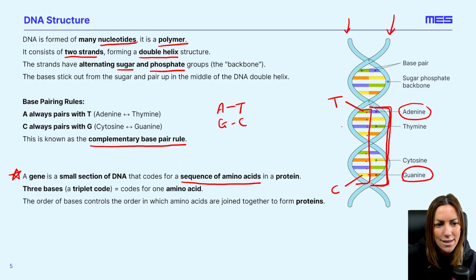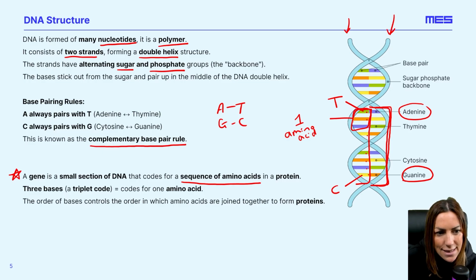And the way it works is 3 bases in DNA provides the code for 1 amino acid. So those 3 bases that I've just circled will provide the code for 1 amino acid. And then the next 3 bases provide the code for another amino acid, and then the next 3 bases provide the code for another amino acid, and so on.